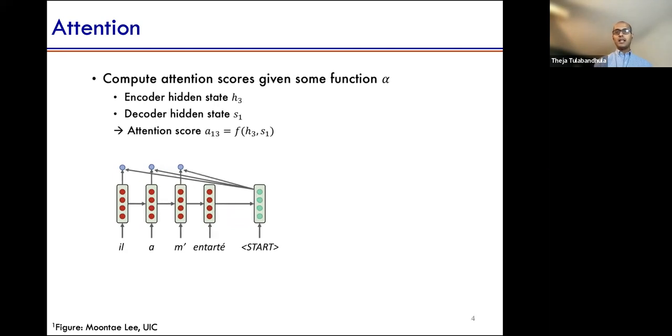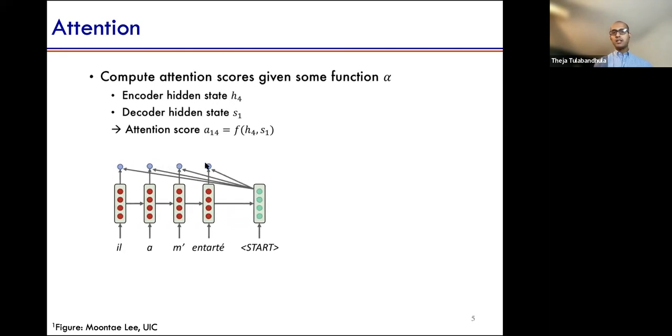Similarly, A13 and A14. So there are 4 numbers that we computed. The only thing that changed is the inputs. We passed each of the 4 encoder hidden vectors, along with the fixed decoder hidden state, to produce 4 numbers.